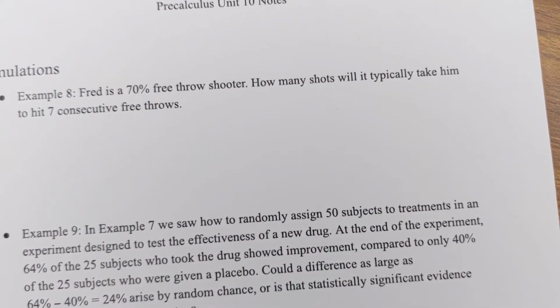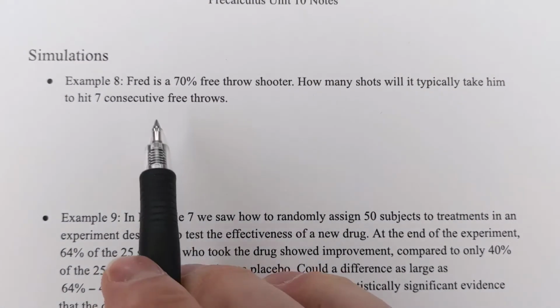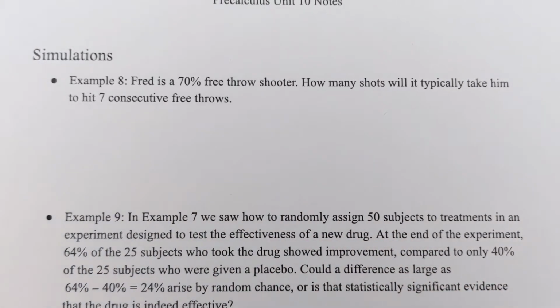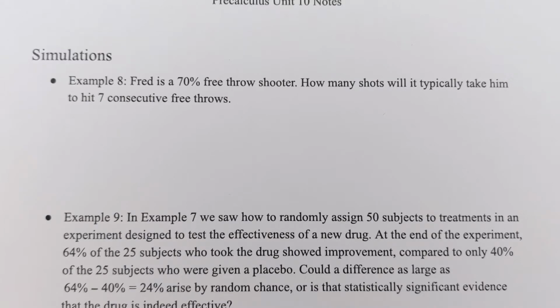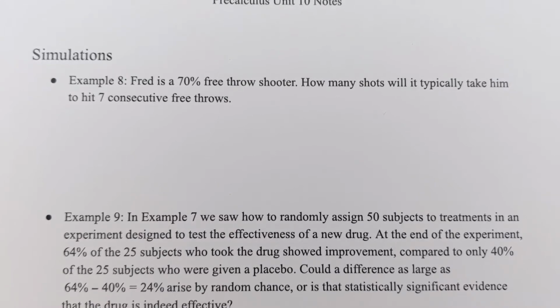Okay, last thing we got here deals with simulations. So example 8, Fred is a 70% free throw shooter. How many shots will it typically take him to hit 7 consecutive free throws? So what we want to do is essentially we're going to random number generate again.